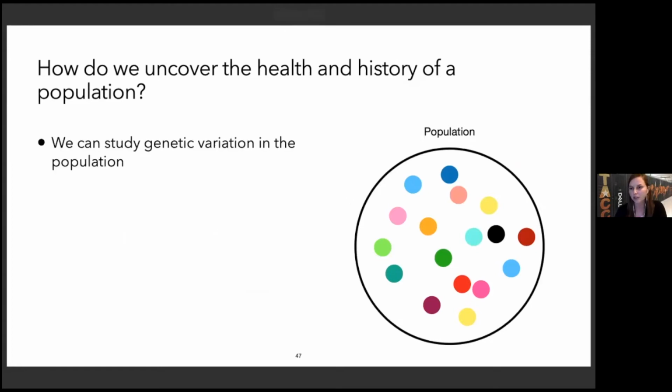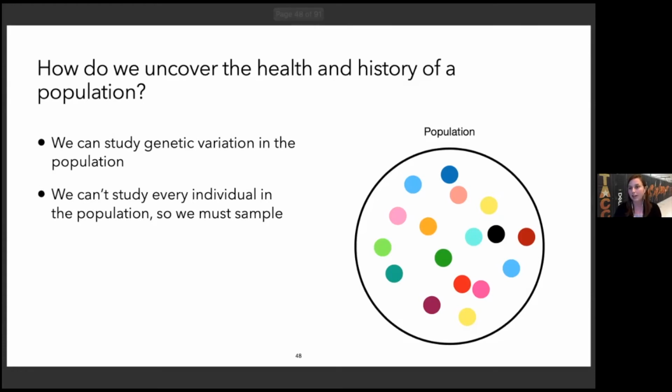And so if we want to find out more about the population, we need to study the genetic variation in that population. And in reality, we can't take a whole entire population and bring it back to the lab and study it, because then there would be none left. So what we have to do is pull samples from that population.